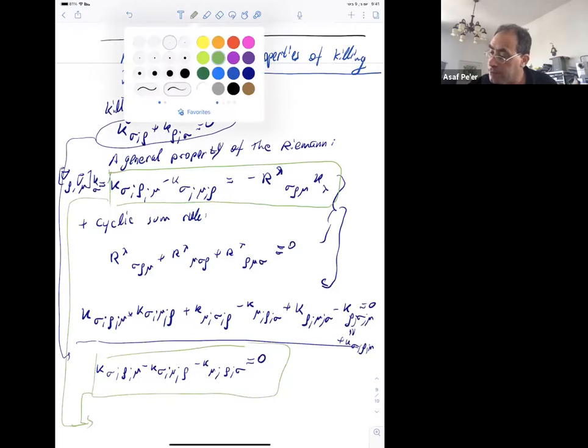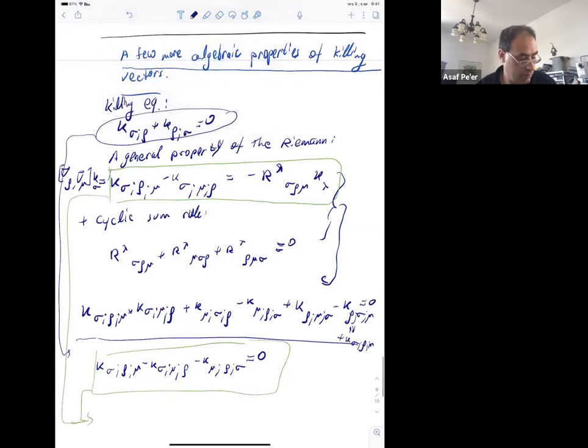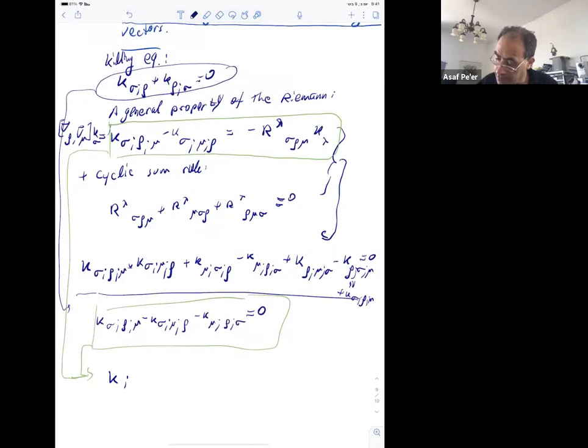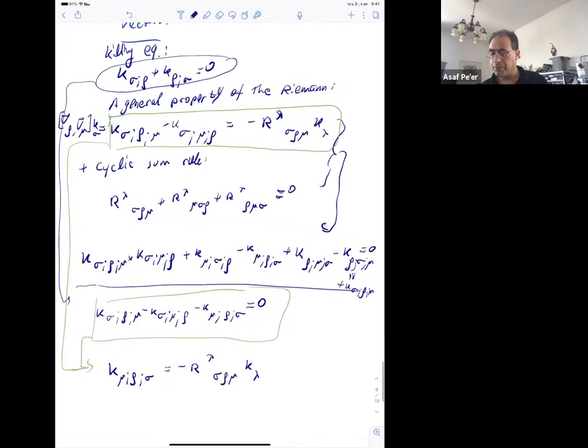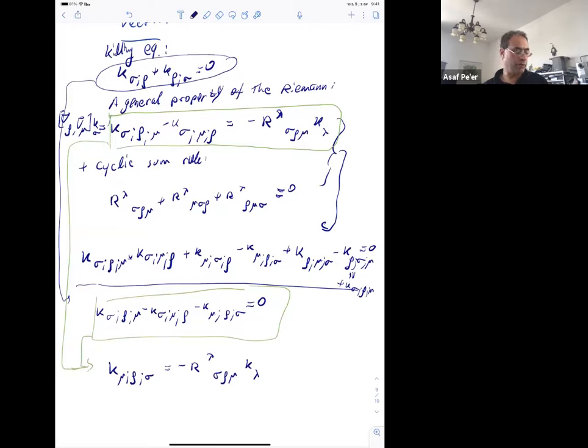Write down K mu, the derivative with rho, derivative with sigma is just a minus R lambda sigma rho mu K lambda. Okay, it's again just algebra, so a little bit annoying, but not too much.